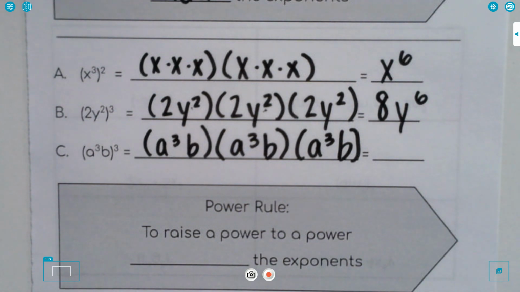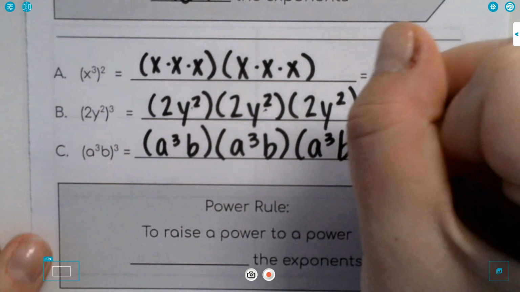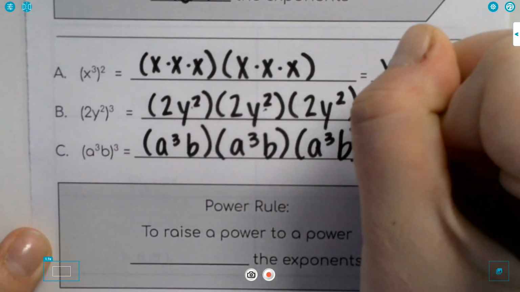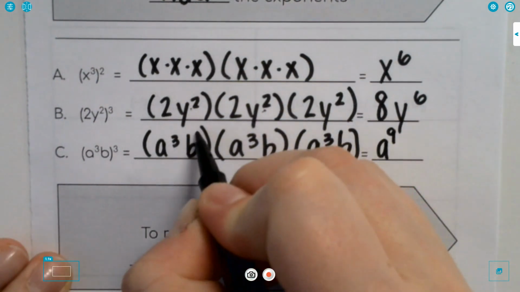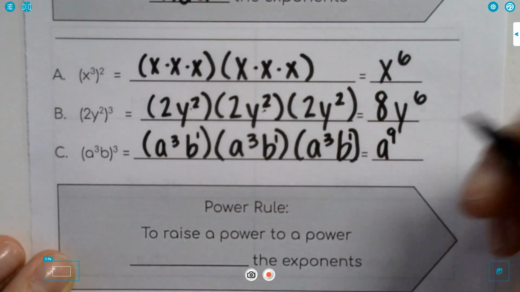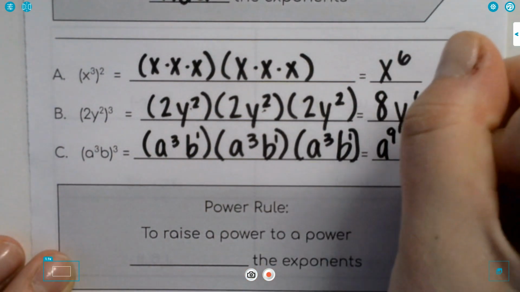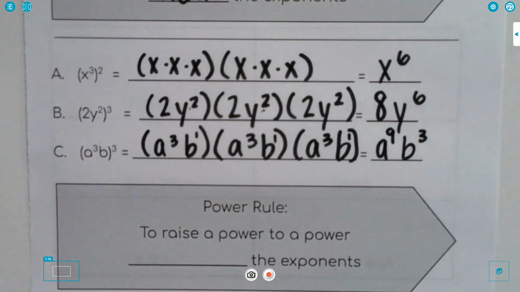I can use my product rule to add up all the exponents on my a's, all the exponents on my b's. So a's should be 3 plus 3 plus 3. That's going to be 9 total. So I've got a to the 9th power. And then how many b's do I have? 3. So I've got an imaginary 1 plus 1 plus 1. You need to add those in. A to the 9th, b to the 3rd.